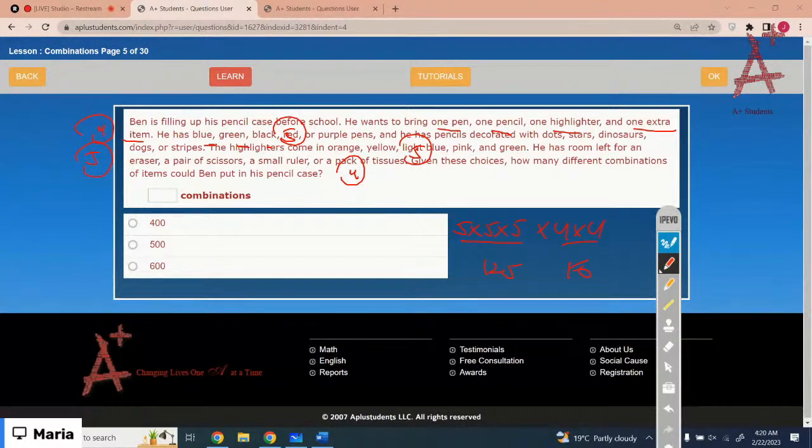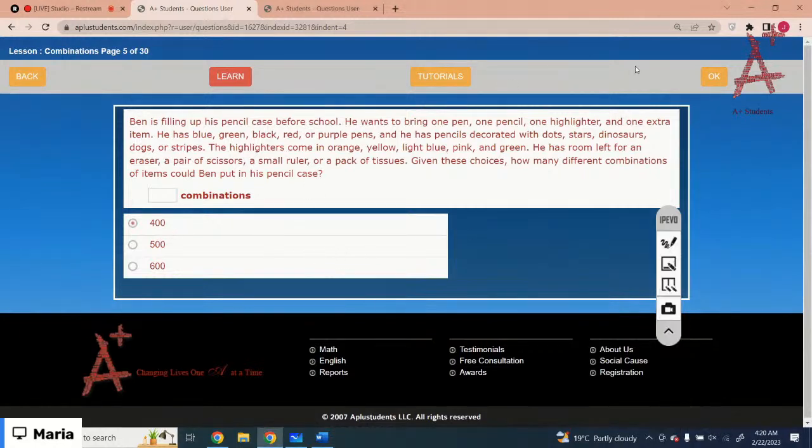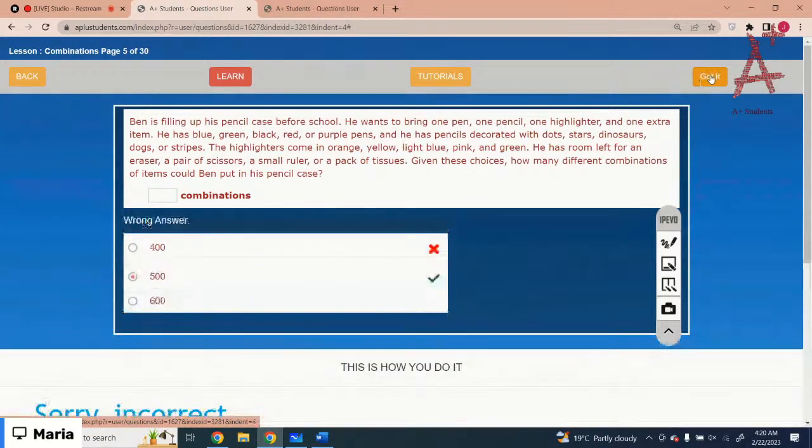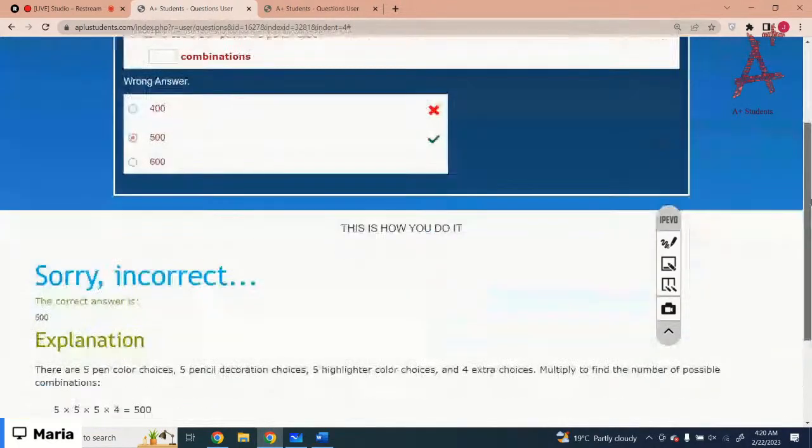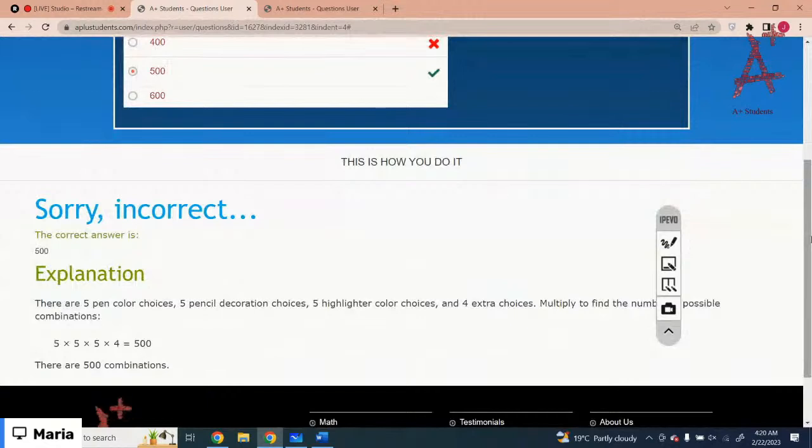Wait, let me see. Okay. 5 pen colors, 5 pencil colors, 5 highlighter colors, and 4 extra choices. So it is 5 times 5 times 5 times 4. Got it? So it would be 500. The correct option is 500. Got it?